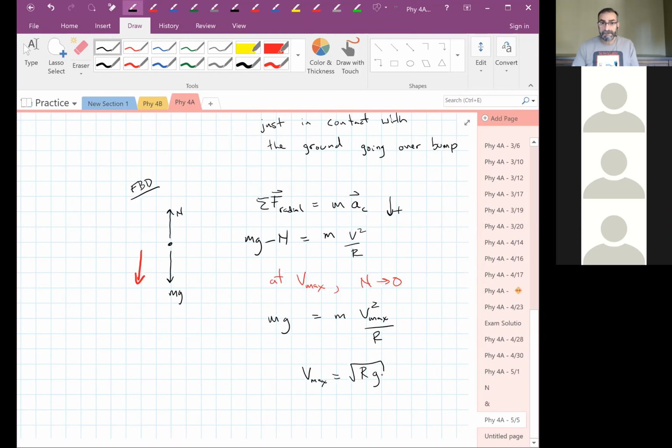We okay with that? We could use the same logic for something moving in a circle, like on a string, a vertical circle. Should we do that?